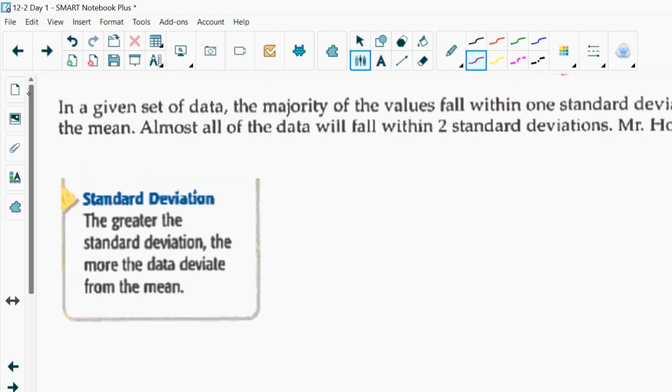It says in a given data set, the majority of the values will always fall within one standard deviation of the mean, and almost all data will fall within 2 standard deviations of the mean. So what we just found on the last problem, we found the mean was 50.6. So the average temperature last year was 50.6.